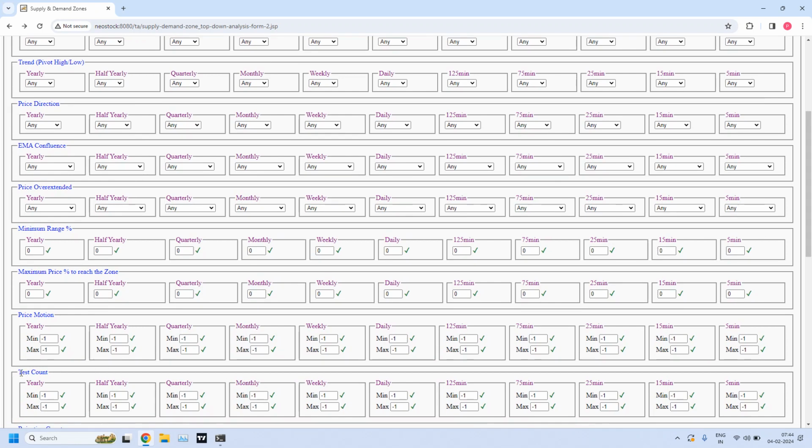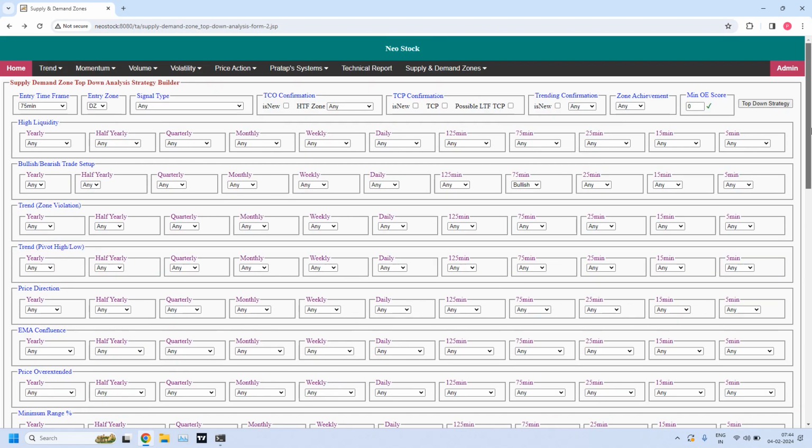So in this parameter, test count, the last parameter currently visible in the screen, in the 75 minutes time frame, I am setting the values 0, 0. So now we get only fresh demand zones.